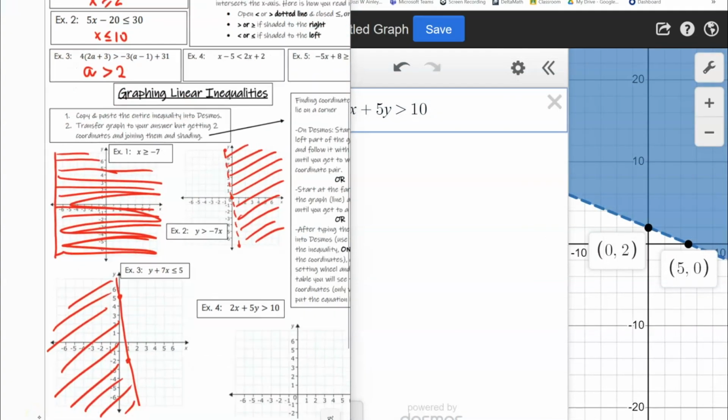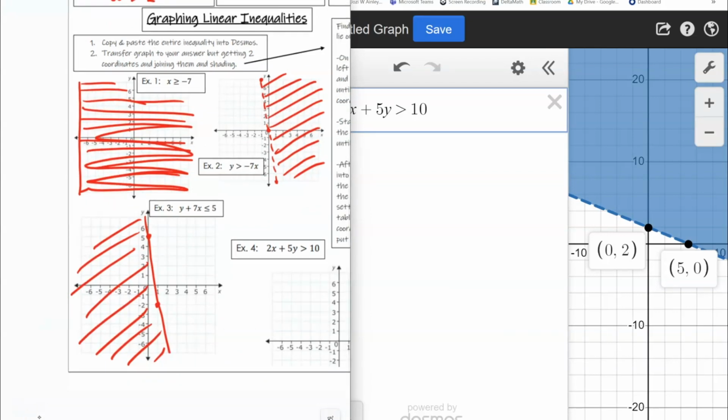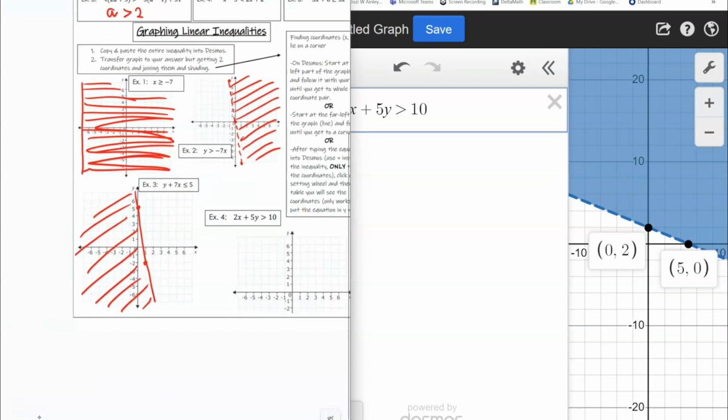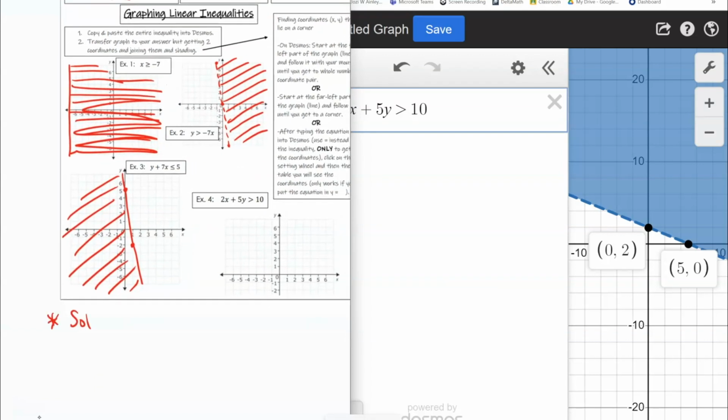Right, the other thing that we need to talk about is whether a coordinate pair is a solution to the inequality. So for it to be a solution, we're going to copy this down. A solution is in the shaded area.